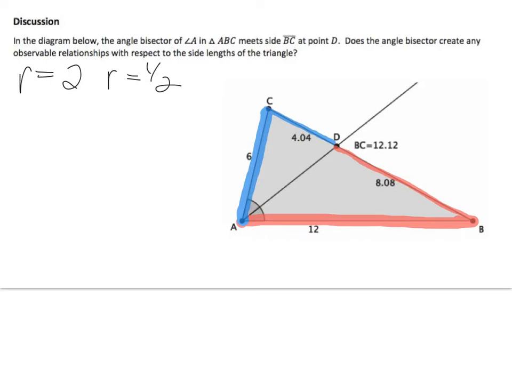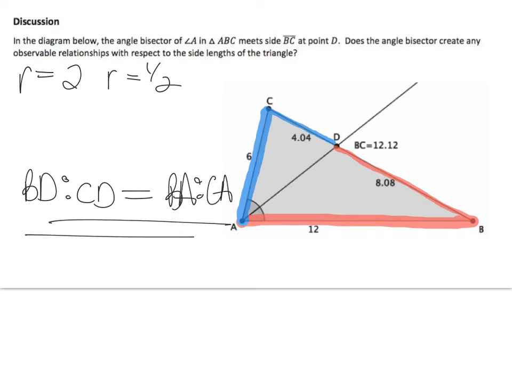Okay, BC isn't very interesting, but if I compare BD and CD, and then BA, the ratios, I can see that it is 2 to 1.